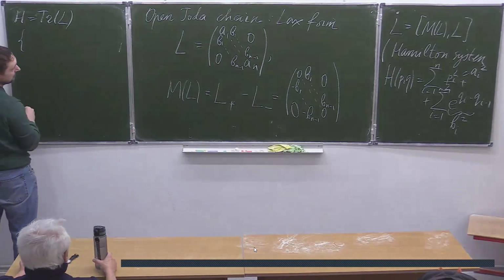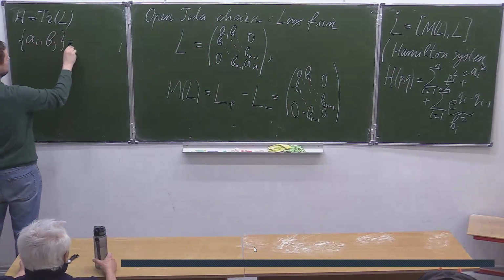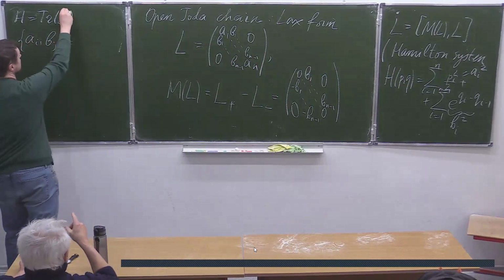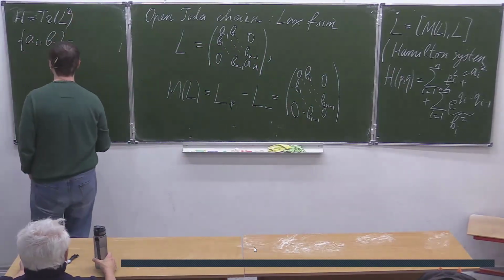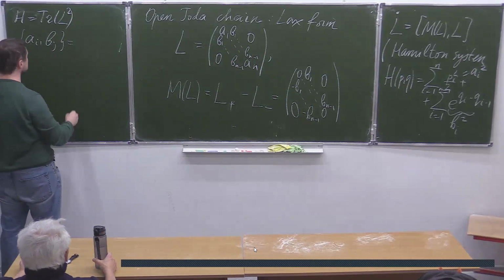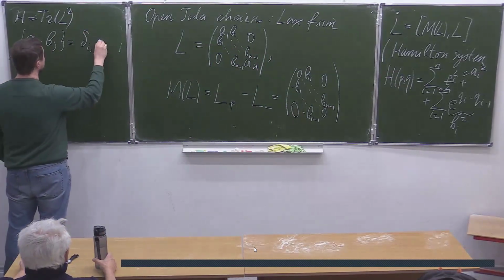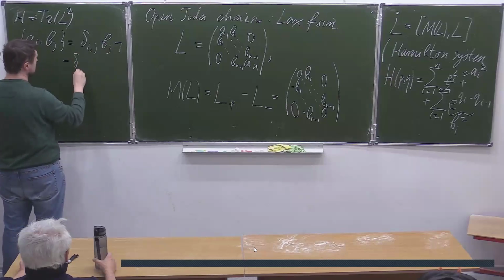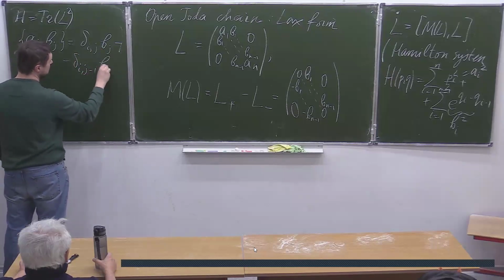Well, I don't remember it very well, but it's something like the bracket of Ai with Bj is equal to delta ij Bj minus delta i j minus 1 Bj minus 1.